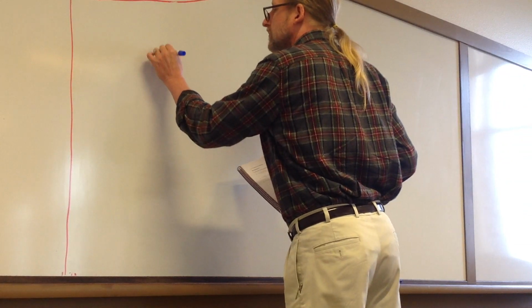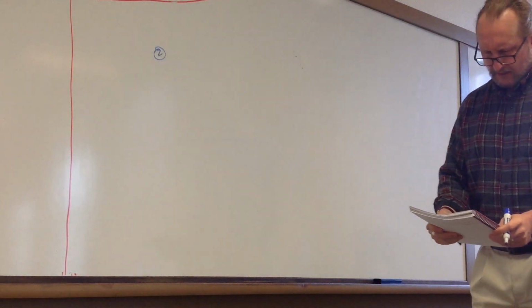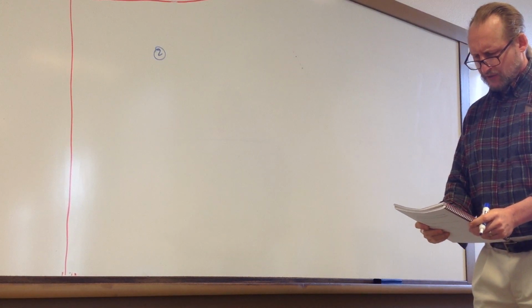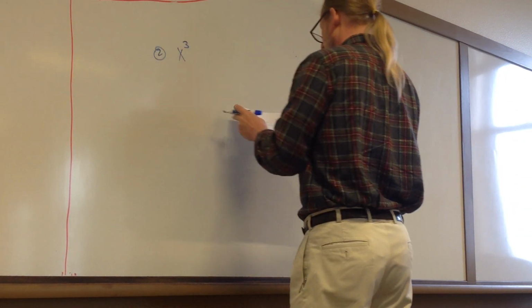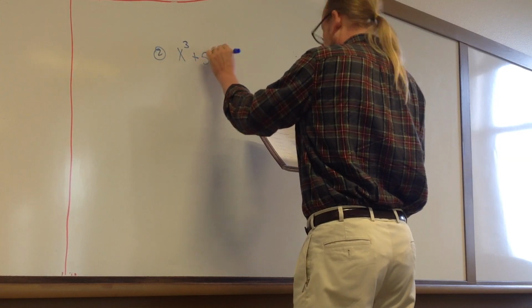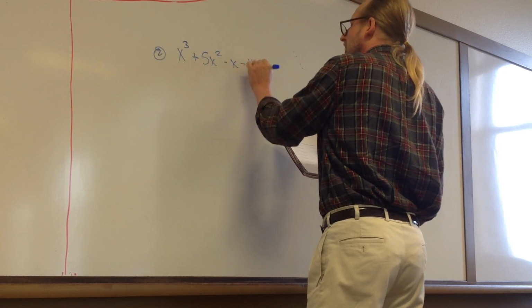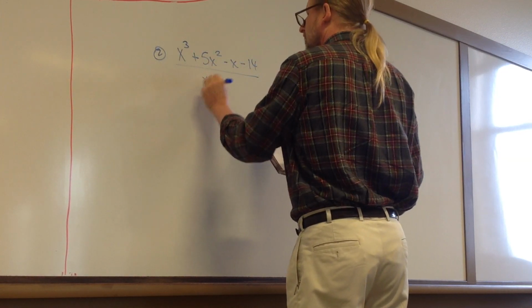Okay, so problem 2. We've got x cubed plus 5x squared minus x minus 14. I'll go ahead and write this down because I do want to say a few things about it before we start in on the problem.